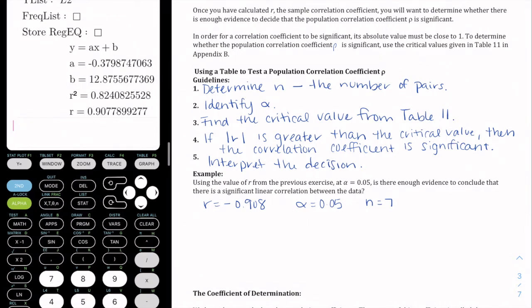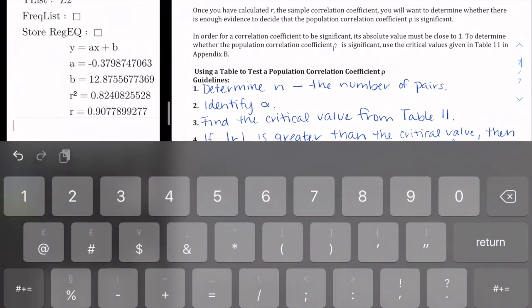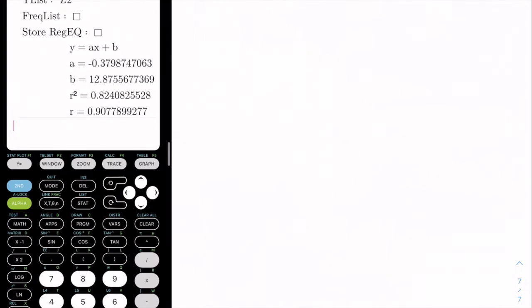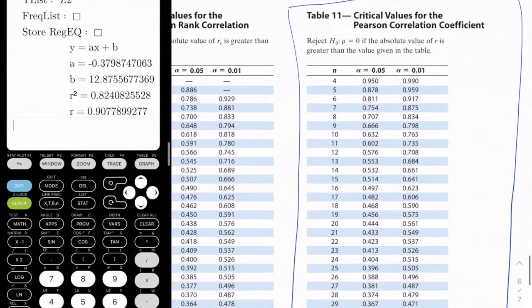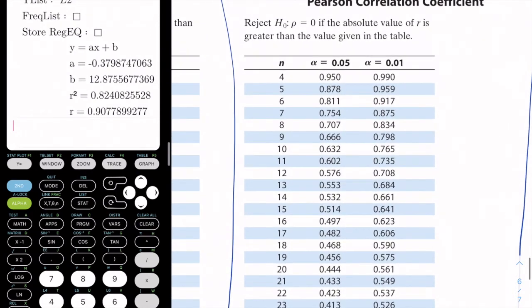So we know that our absolute value of R equals 0.908, and then we're going to jump to that table. So 0.05 and n equals 7. That means that our critical value is 0.754.